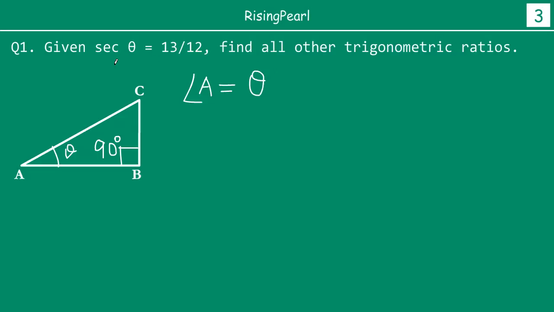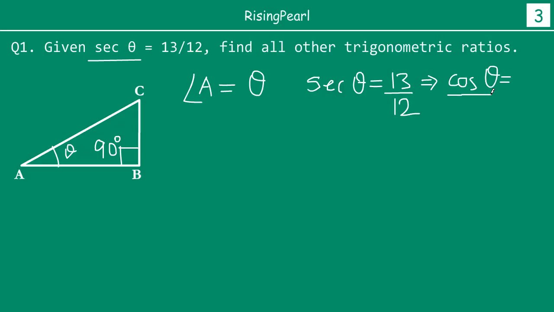If this is the case, what is given to us? What is given is sec theta is equal to 13 by 12. And like we did in our last webisode, we would want to express or try to find out the ratio sine or cos or tan, because the cosec, sec and cot are really the inverse of sine, cos and tan respectively.